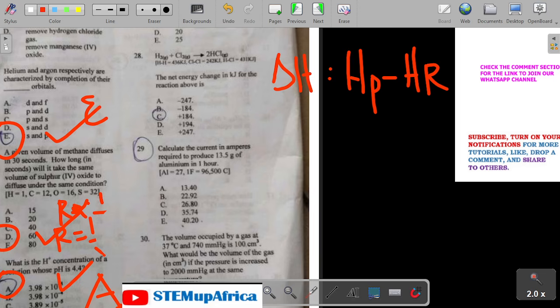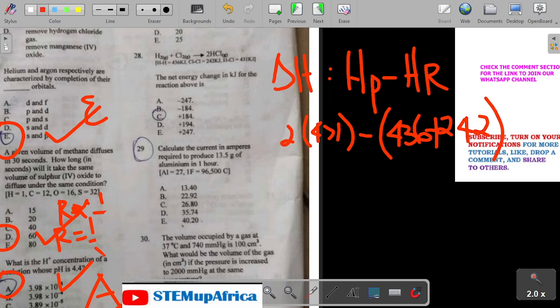We have our hydrogen and chlorine, which is these two. The product is HCl. So we have 2 HCl, which is 2 bracket 431, minus the reactant now, which is 436 plus 242.